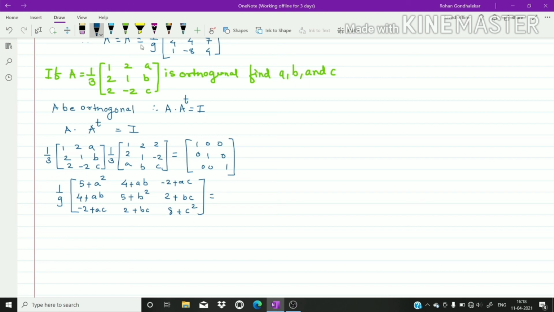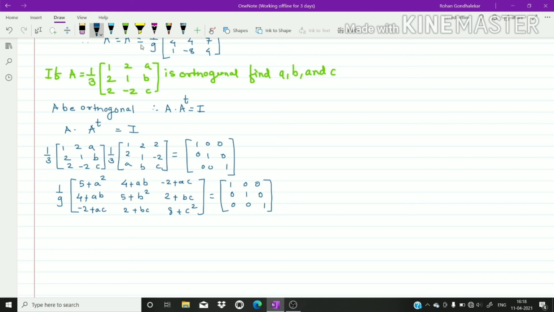This is equal to 1 0 0, 0 1 0, 0 0 1. To derive the values of a, b and c, I'm just going to compare the diagonal elements, as the diagonal elements have only a, b and c in each one.